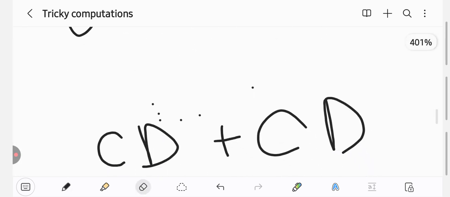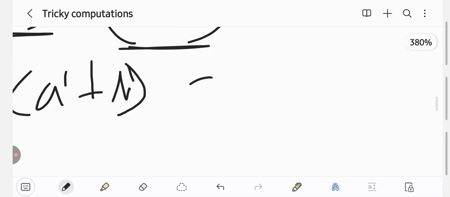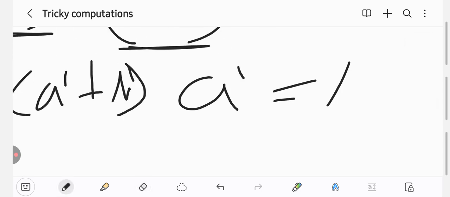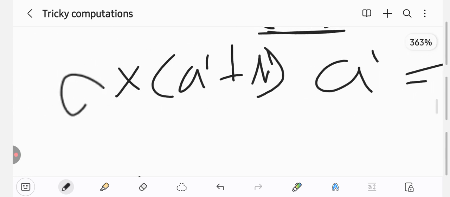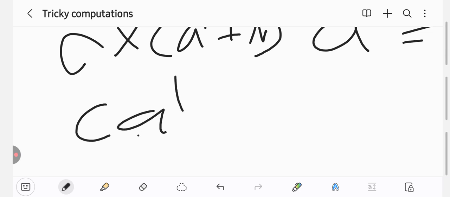Let's write a prime equals b prime equals d. In this case we have c a prime plus c b prime, because both numbers were added c times.